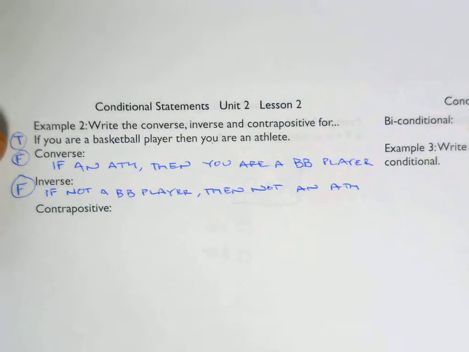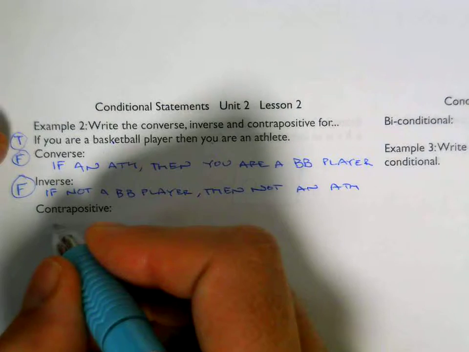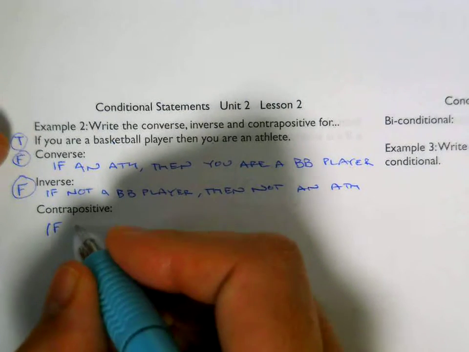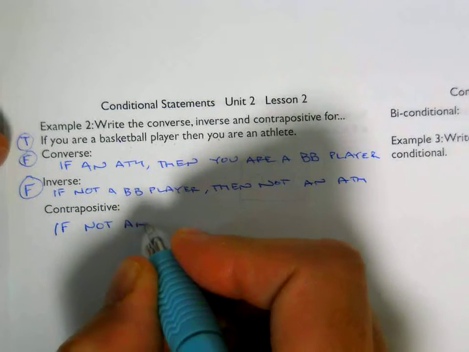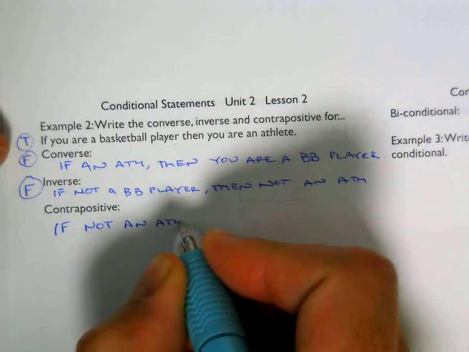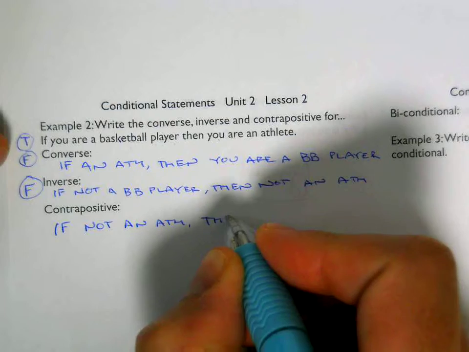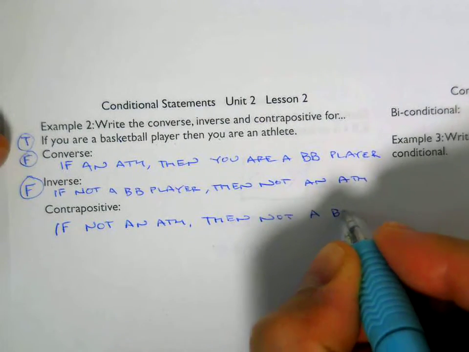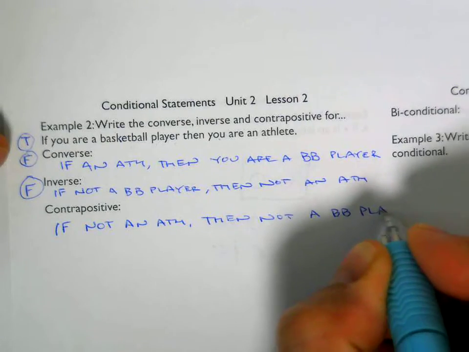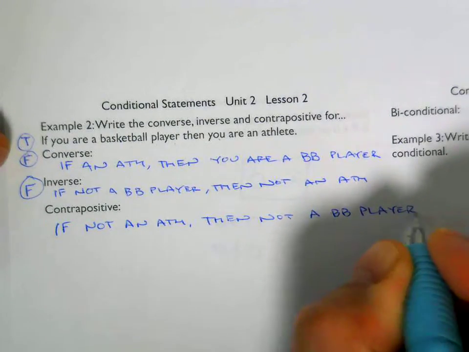Okay, and with the contrapositive, we do both. We switch them and we negate them. So if you are not an athlete, then you are not a basketball player. Well, these ones are always tough.